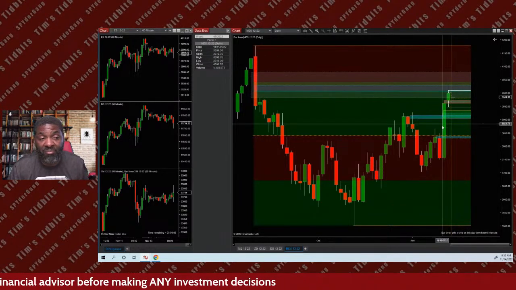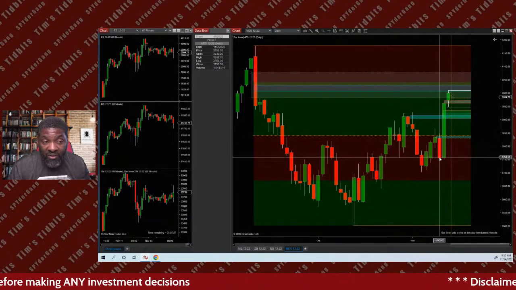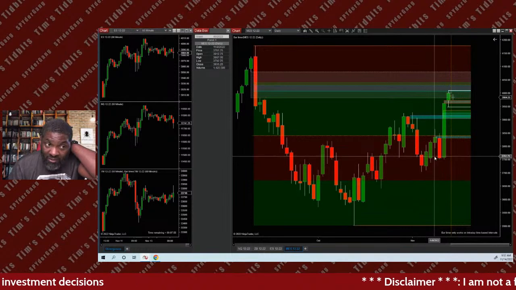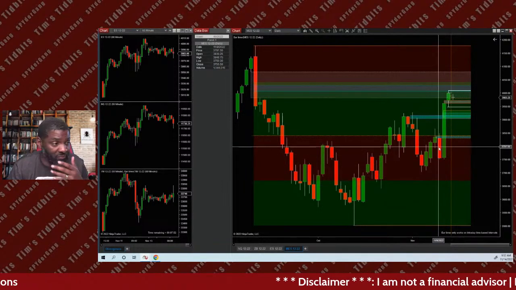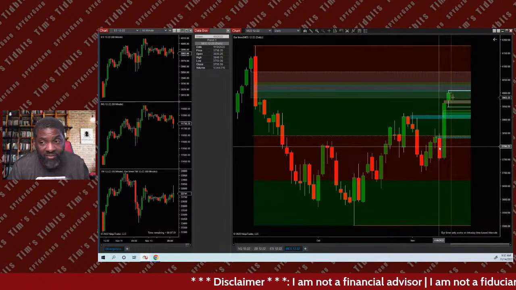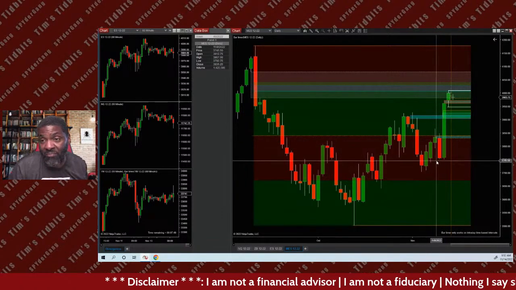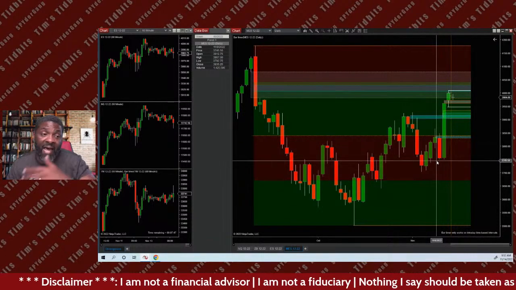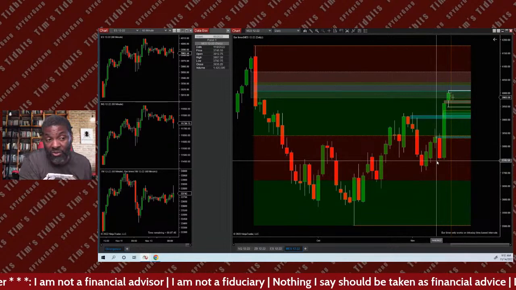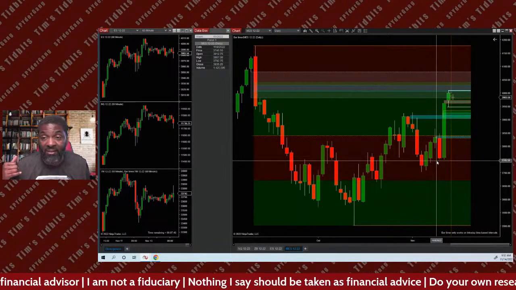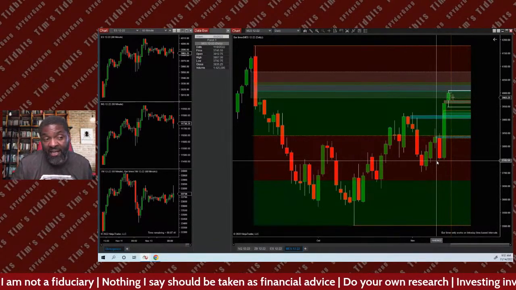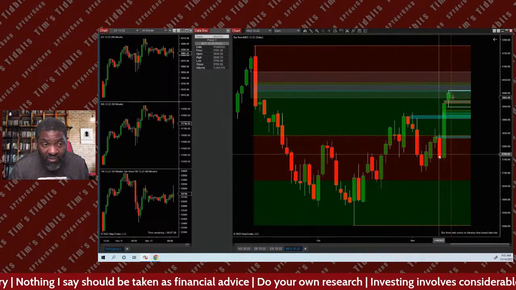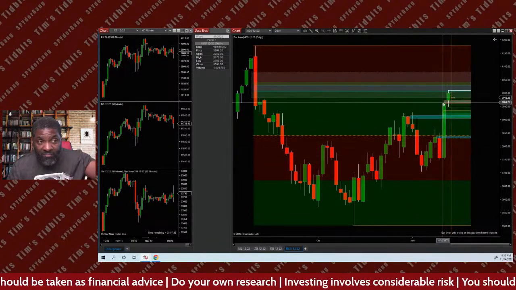But the time to be buying was over here last week when we were talking about it, before the CPI. Was it CPI? Whatever it was last week, that was the time to be buying. I got out of my position the next day because I got close to my target. But shout out to anybody who held through this pullback right here, and then on Friday, blast off.